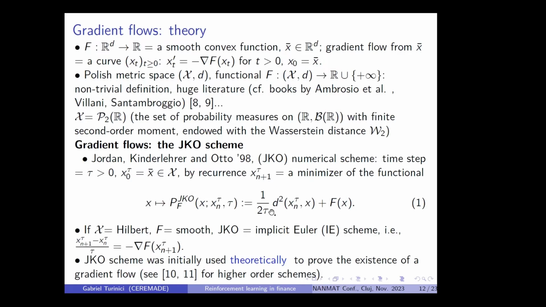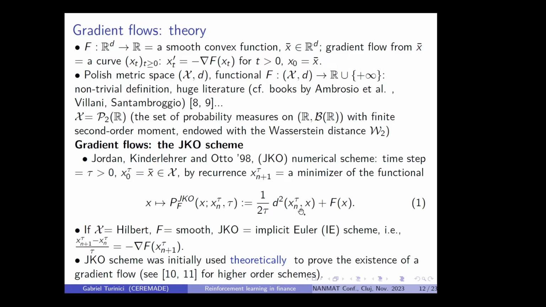I will not enter into detail, but one of the numerical schemes that are used, Jordan, Kinderlehrer, and Otto, explains that in order to do this, you can advance from x_n to x_{n+1} by minimizing that, which means that you minimize f, which is your goal anyway, staying close to the previous x.